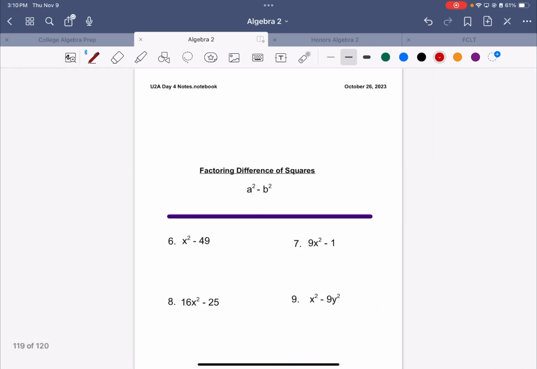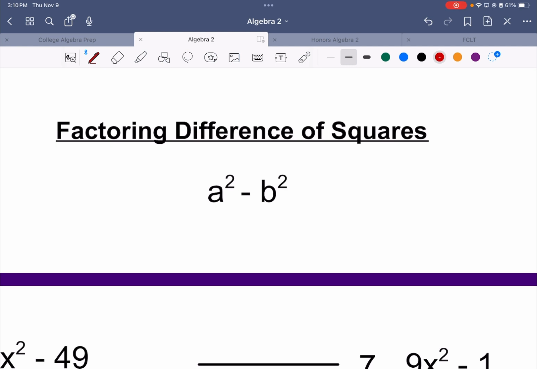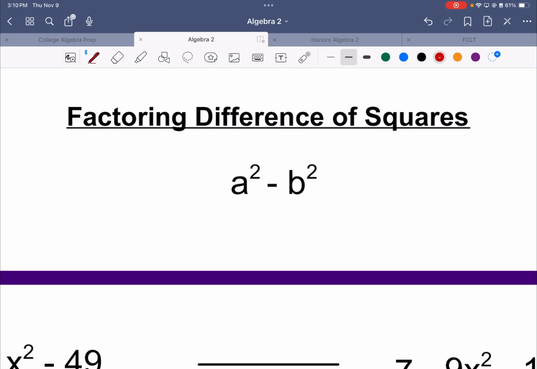So if you have differences of squares, something like a squared minus b squared, here's the rule. The factored form of this is a minus b times a plus b. And this is a fast way to factor differences of squares.